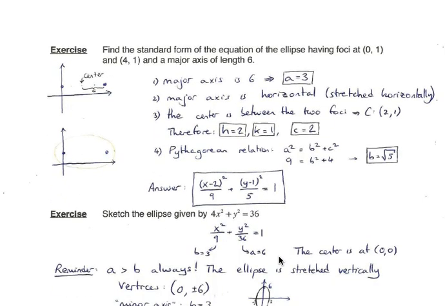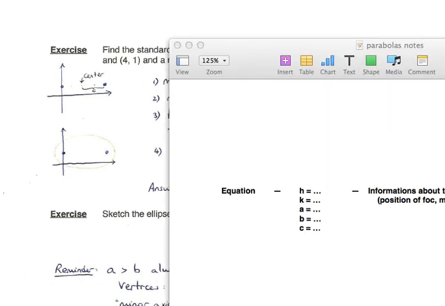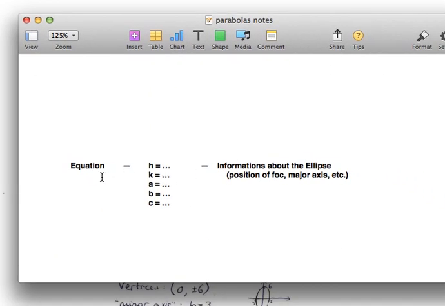So when we try to solve exercises, there are basically two kinds of exercises. Either you are given an equation and you are asked to find information about the ellipse. So you may want to find the position of the foci, you may want to find the major axis, etc. But to do that, you always have an intermediate step.